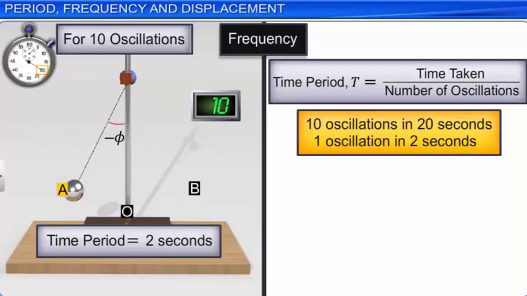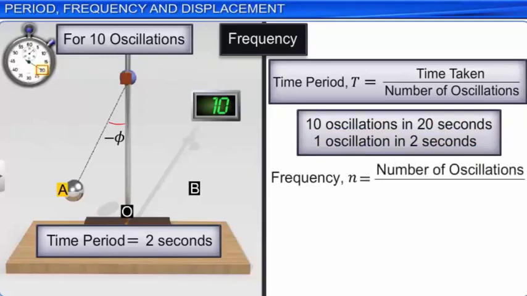That is, in 2 seconds, it executes 1 oscillation. Here, frequency n will be equal to the number of oscillations divided by the time taken, which on substitution gives the value 0.5.